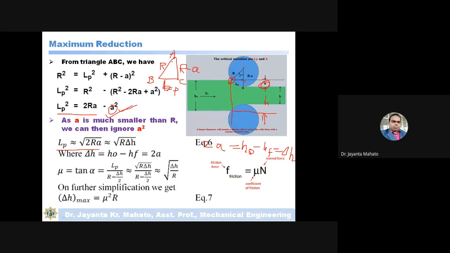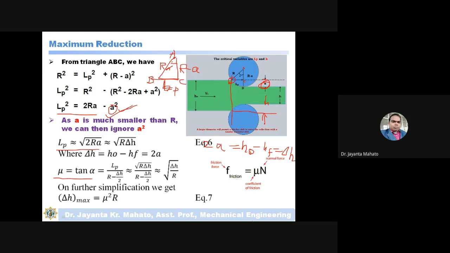And we know that the coefficient of friction mu is equal to tan alpha, where alpha is this angle. So tan alpha from this relationship is LP divided by R minus del H by 2.